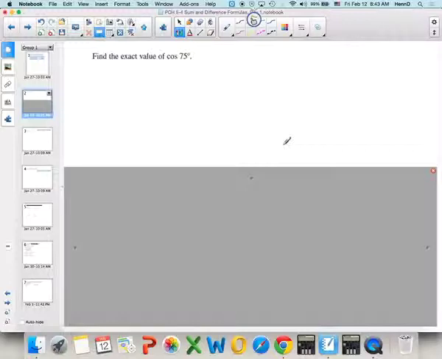Find the exact value of cosine of 75. In order to do this, we need to write this as the cosine of a combination of two angles: 45 plus 30. There are two angles on the unit circle, 45 degrees plus 30 degrees.